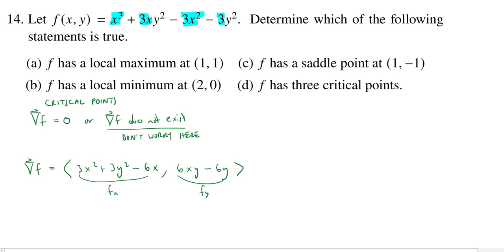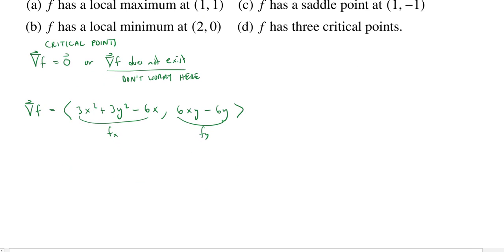But I need this to be 0, and of course, this is the 0 vector. So when is it equal to 0? Well, I need each individual component to be 0. So I need 0 to equal 3x squared plus 3y squared minus 6x, as well as 0 to equal 6xy minus 6y.